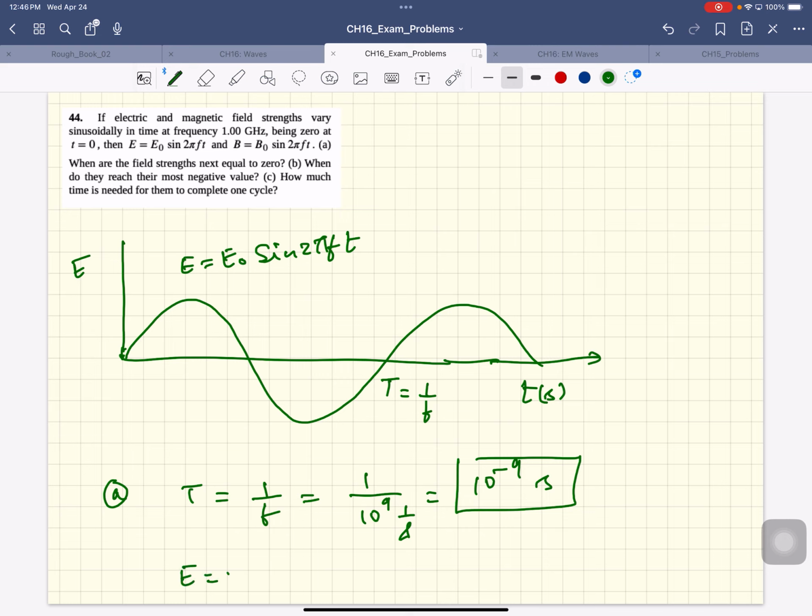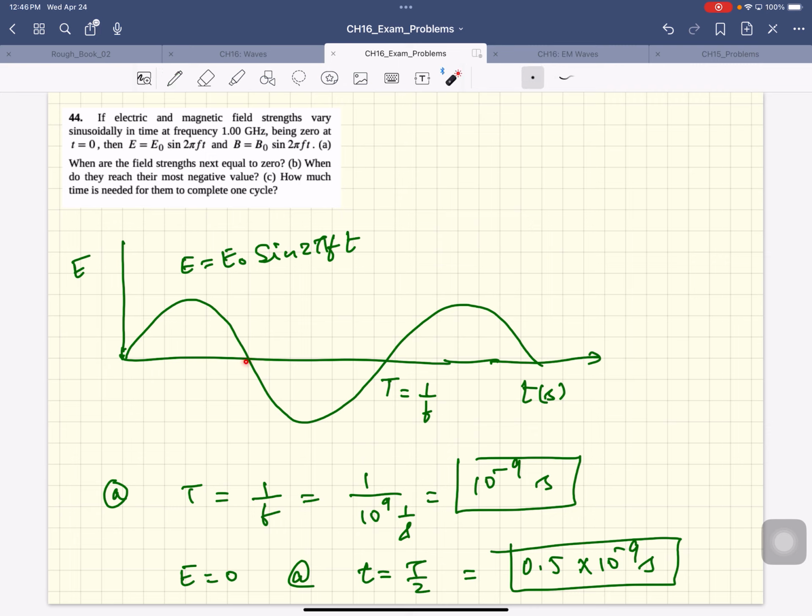E will be 0 at t equal to T by 2, at half a period, which is 0.5 nanoseconds later. So every half a nanosecond it'll be 0. It'll be 0 at half a nanosecond, 1 nanosecond, 1.5 nanoseconds, and so on.